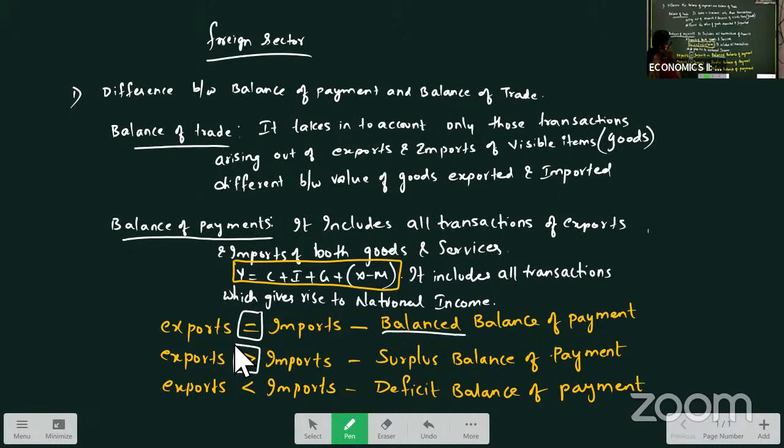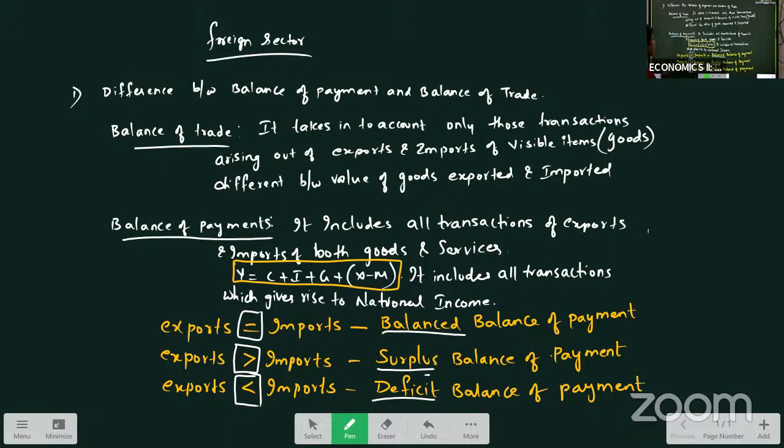When we have exports greater than imports, we have surplus. And when our exports are less than imports, we have deficit. This way our balance of payments is prepared in the country. Clear? So what do you mean by balance of trade? Balance of trade takes into account only those transactions which are exports and imports of visible items, that is, only goods. Invisible items are not included.